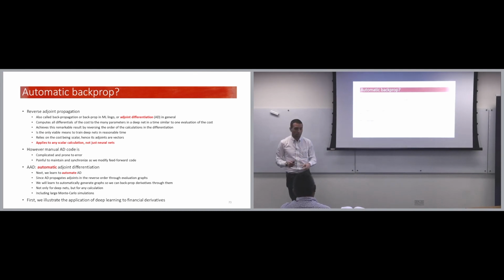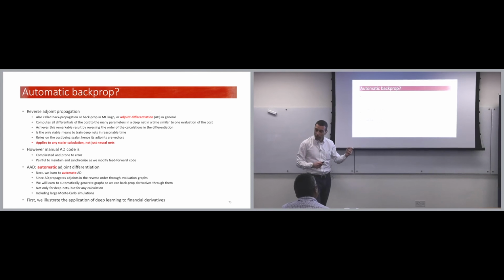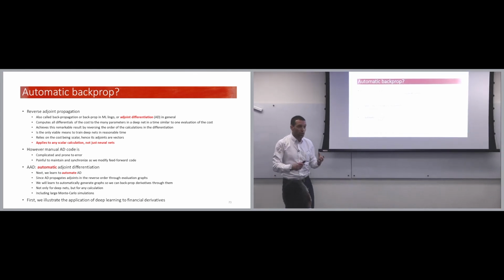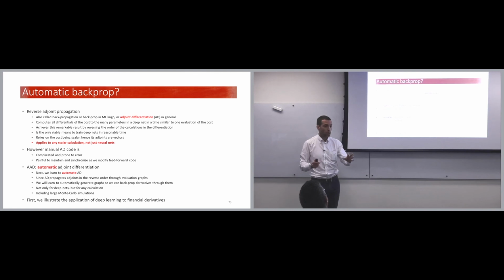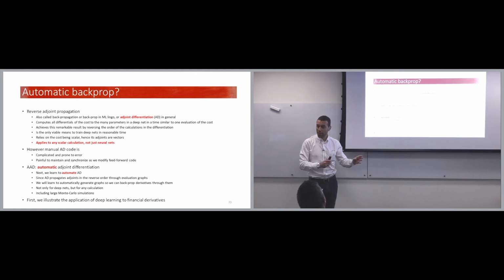That's it. But in order to backpropagate through a calculation, you need to extract the evaluation graph of this calculation. You need to know what is the order of the calculations, what is calculated in what order, and what depends on what. So an executable is not enough.